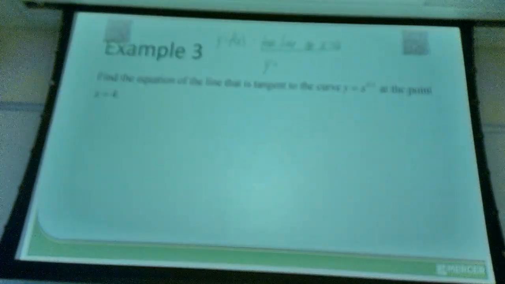F prime of a times x minus a. I agree with the times x. So there's your mx. What's b?